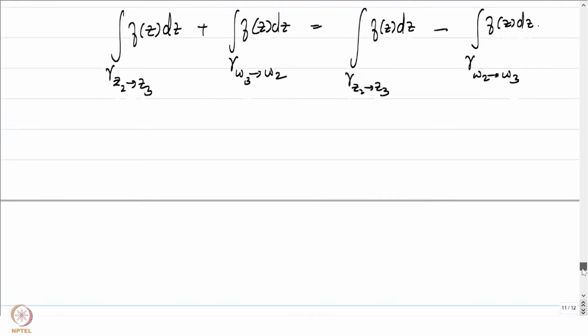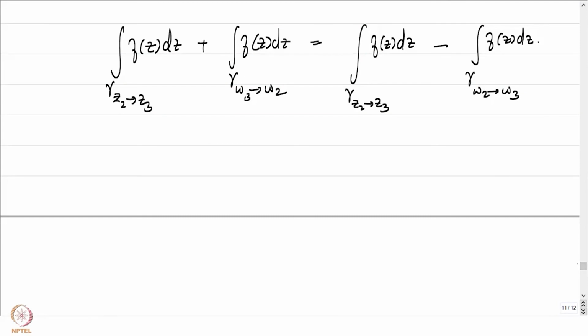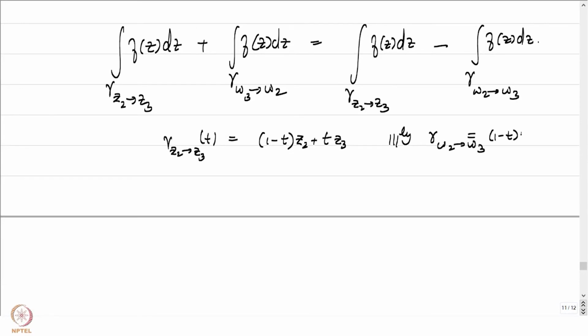We could use any parameterization of this straight line. To compute this integral, we will use the standard parameterization. So, what is gamma Z2 to Z3 of t going to be? The initial point is going to be Z2 and the terminal point is going to be Z3, and similarly gamma W2 to W3 is equal to 1 minus t times W2 plus t times W3. We will do the explicit computations.